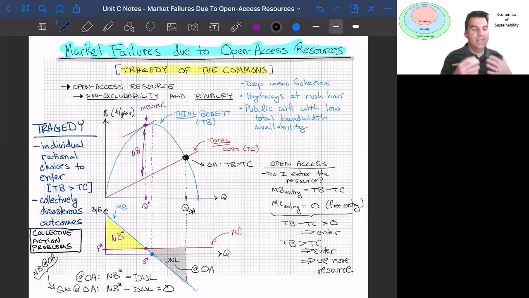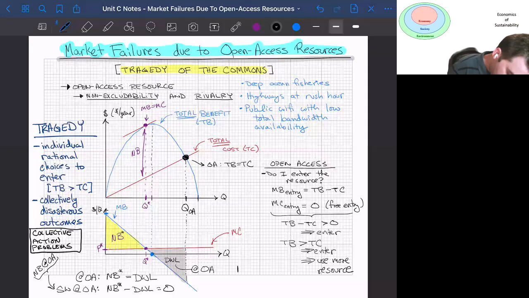And so that's where there was a negative externality. So the negative externality, I guess I should write that here, is the effect new entries have on existing benefits.